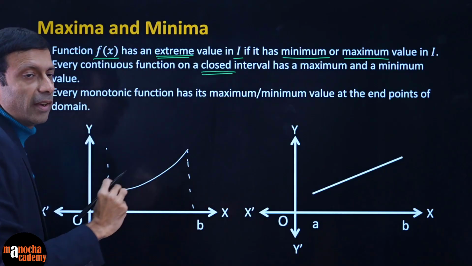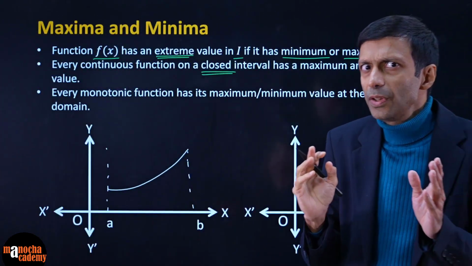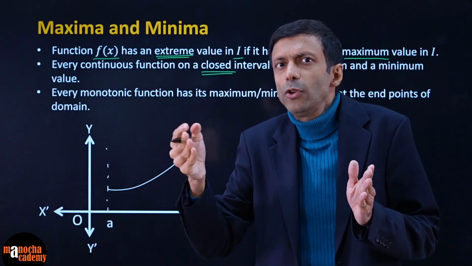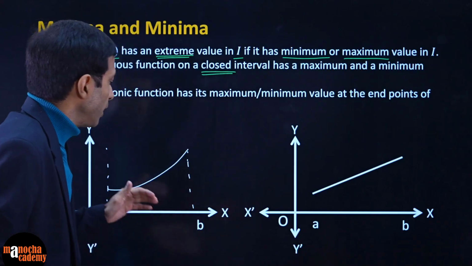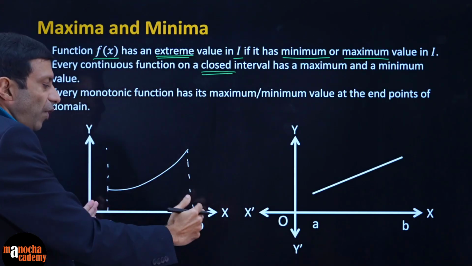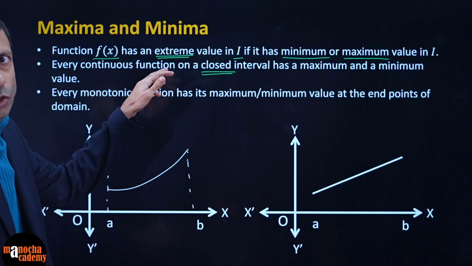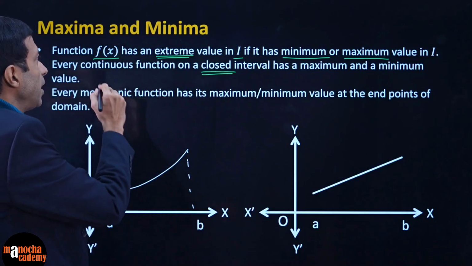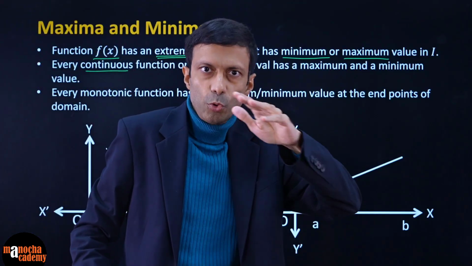Closed means A and B are included, and we'll talk about why. Because if it's an open interval, then you don't know at which point to stop your test. How will you get your maxima and minima? So here we are talking about a closed interval. If you fix your A and B, let's say from 2 to 5, then every continuous function, and continuous means there is no sudden jerk, a smooth kind of function.